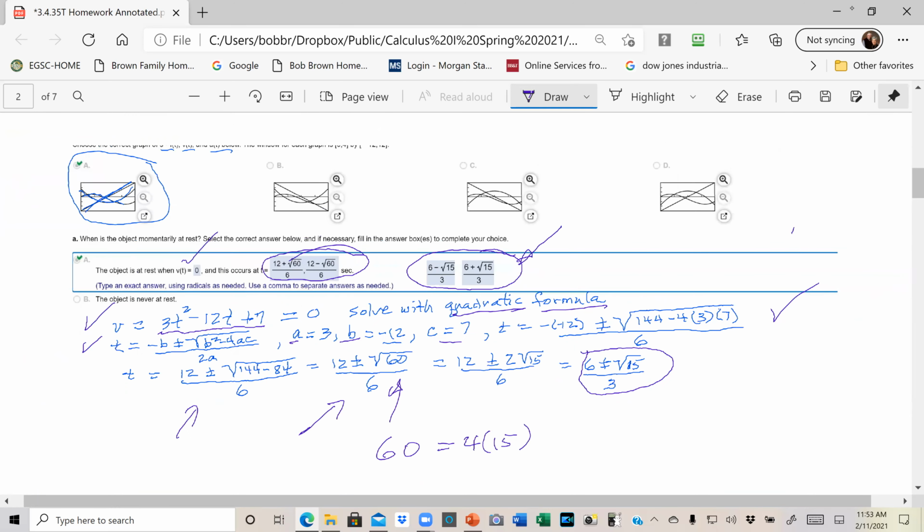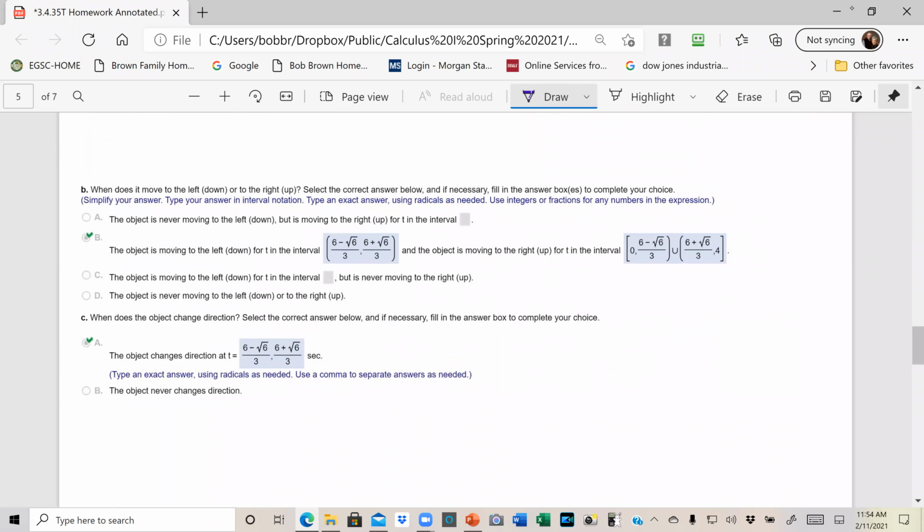Then, when does the object move to the left or to the right? The first thing we realize is the object is moving to the left, which means it's going down, during the time the velocity is negative.